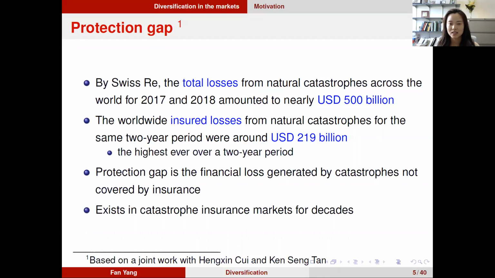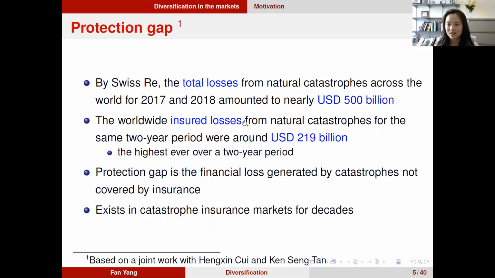So the losses covered by the insurance are not even half of the total actual losses from these catastrophes. And even this insured amount is the highest ever over a 2-year period before 2018.